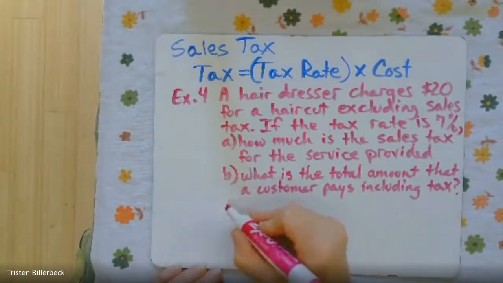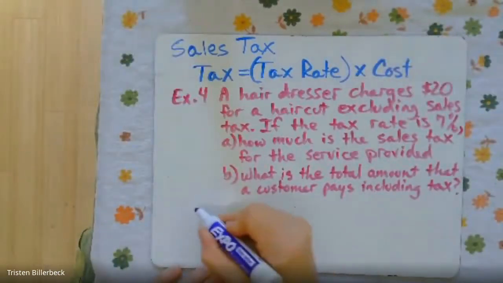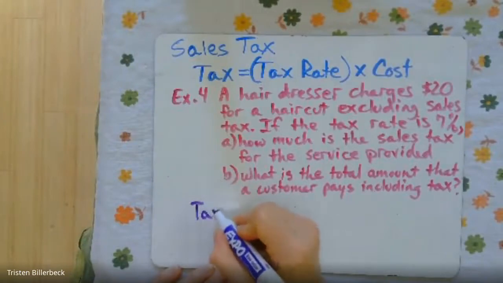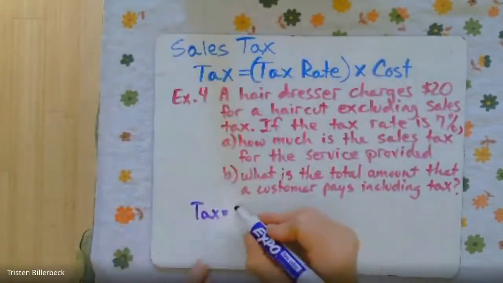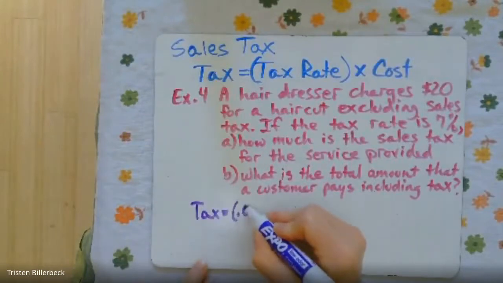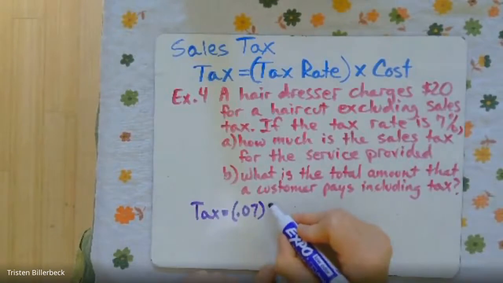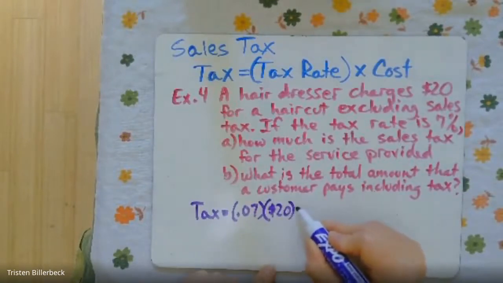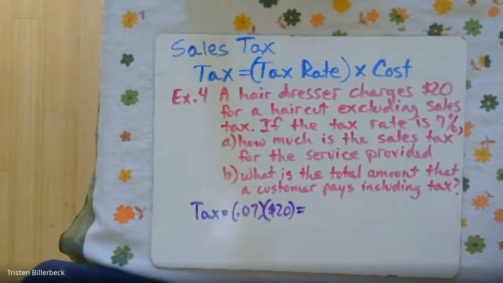Okay, so the tax, oops, let me use a different color. So our tax is going to be the tax rate, which is 7%. So we're going to write that as a decimal, times the cost, times $20. All right, so I'm going to teach you something fun.